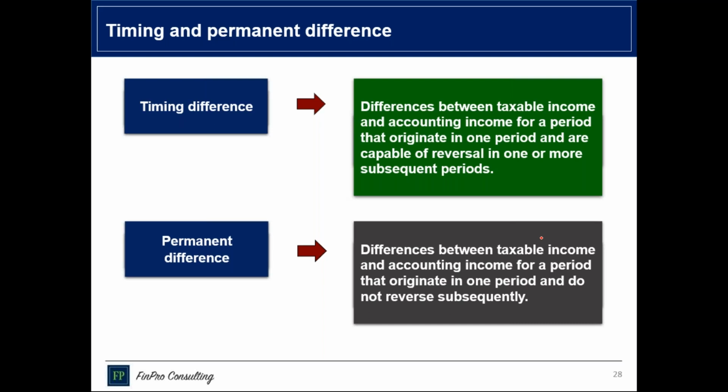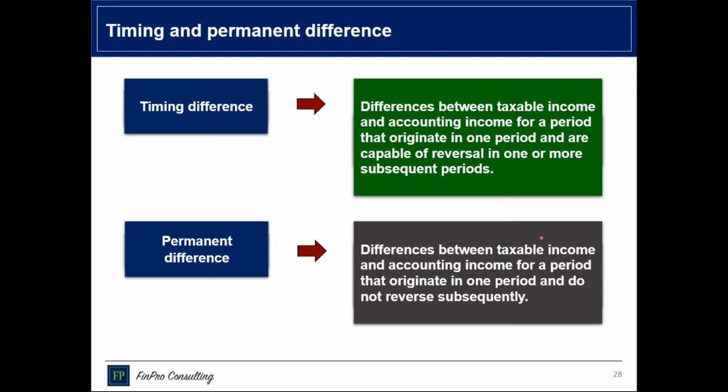There are various examples in addition to depreciation, for example, provision for doubtful debts. In Indian GAAP, most of the companies make 100% provision for doubtful debts when the debtor's aging exceeds 6 months or 1 year, as the case may be. However, income tax allows the expenditure only when there is an actual impairment of a debtor. Till that point in time, the expenditure is disallowed, which again results in the timing difference.